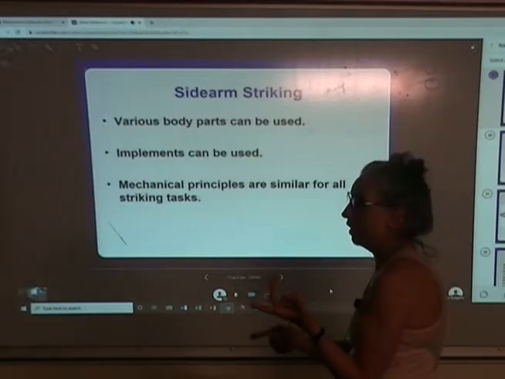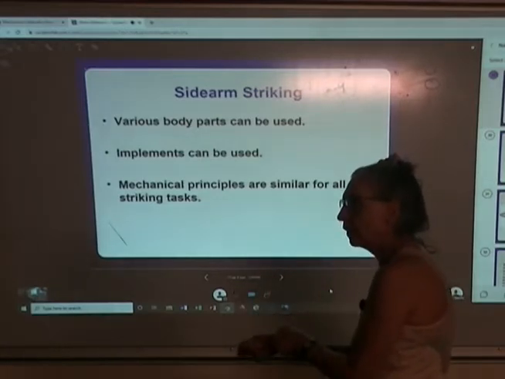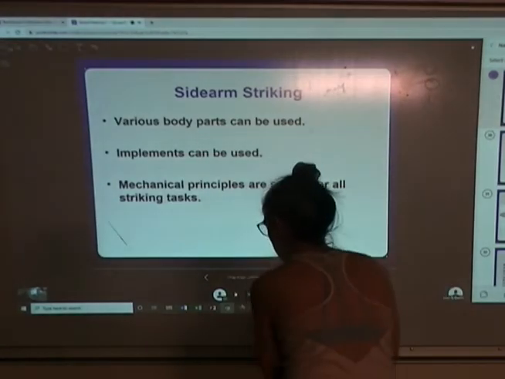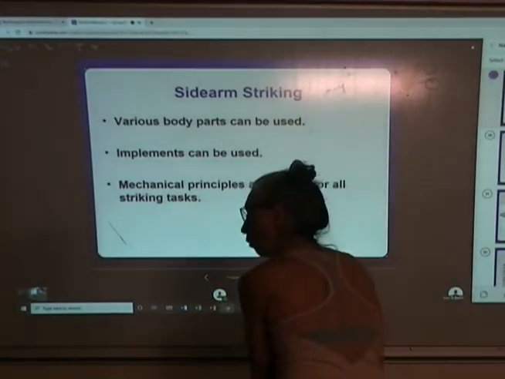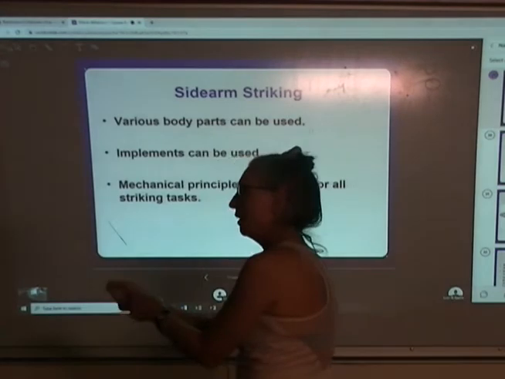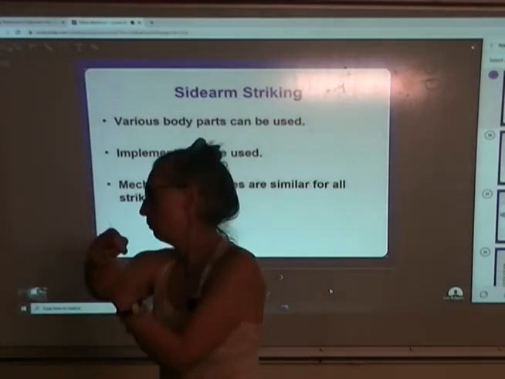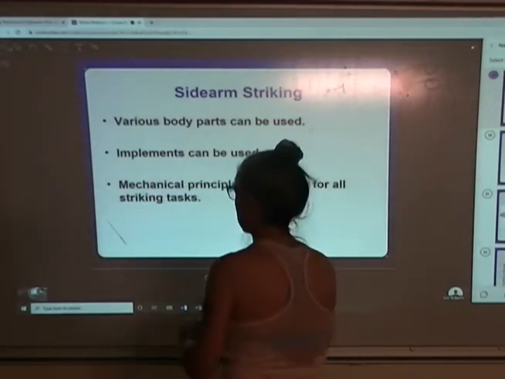This week's striking task was hockey. So again, that tends to be quite underhand, unless you're very advanced and you're doing more of a sweep action.